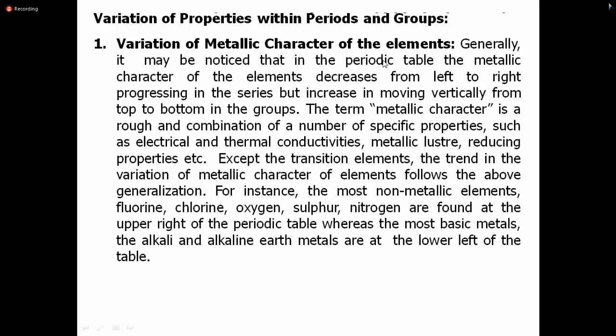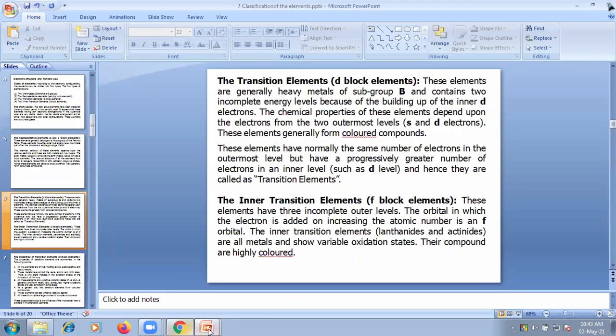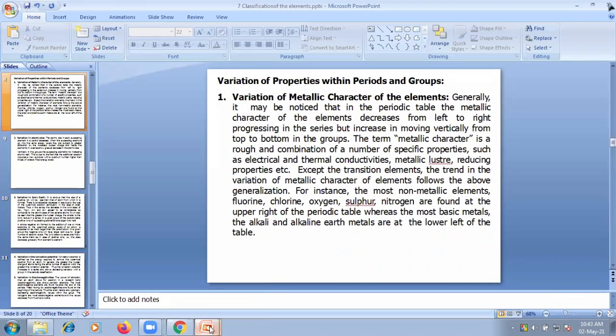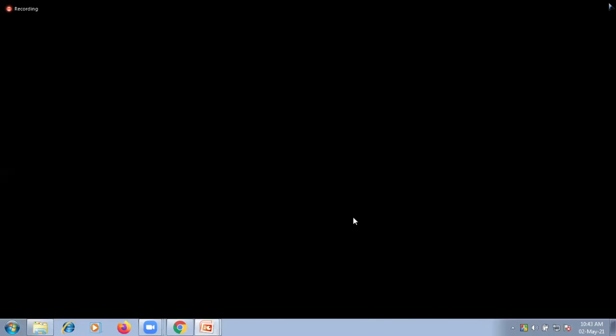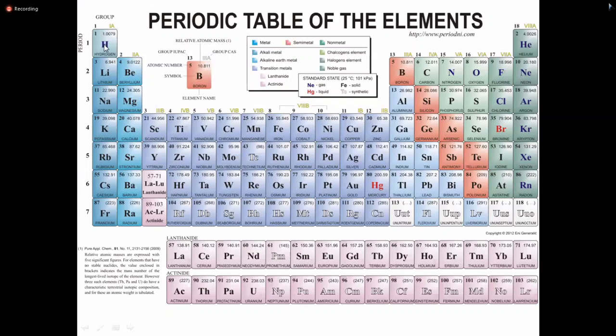Now, if we discuss the metallic character in the period and in the group, what can we find? If we go to the metallic character in the periodic table, these two groups are metals, right? Metals form electropositive ions, right? Yes, sir. Isn't it? Okay.